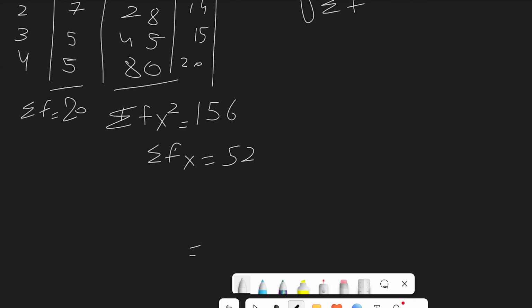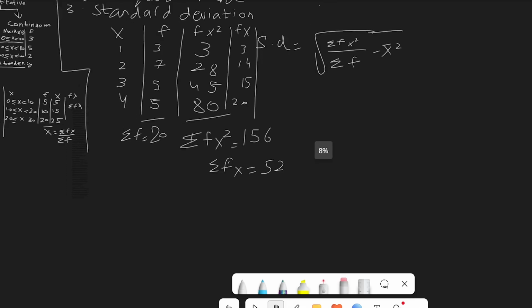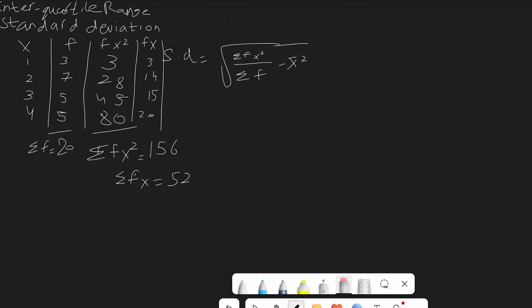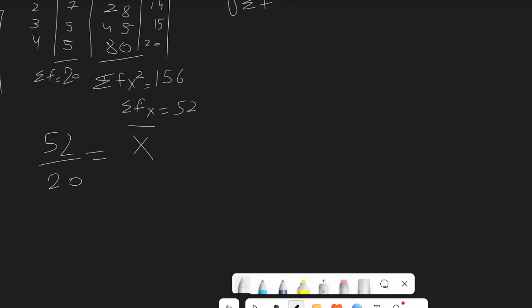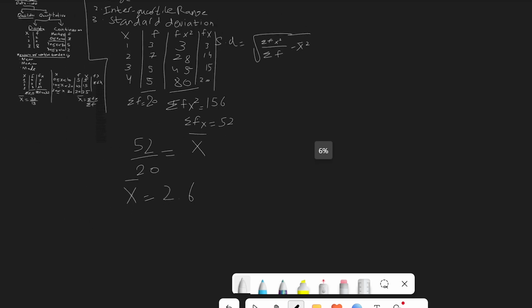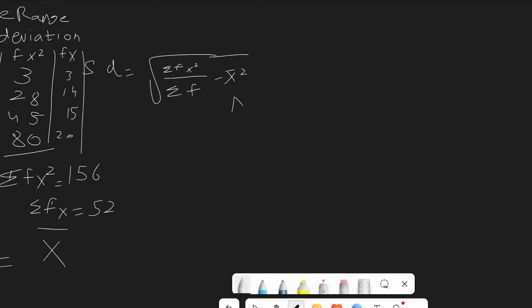So for the mean of the data, we will divide 52 by 20, because that is the total number of workers, to get x bar, the mean of x. 52 over 20 is basically 2.6. So the mean of x is 2.6.